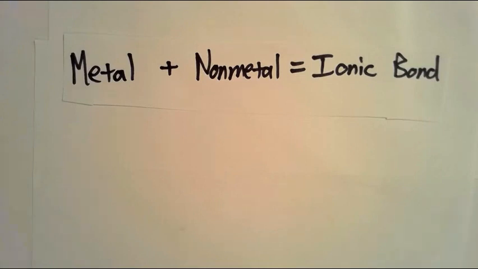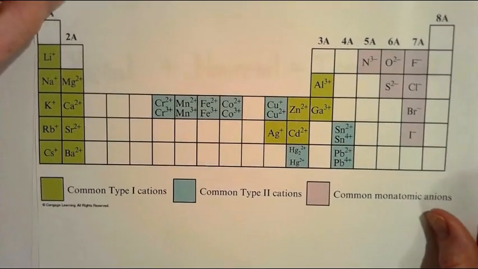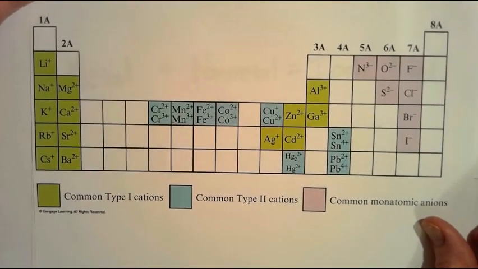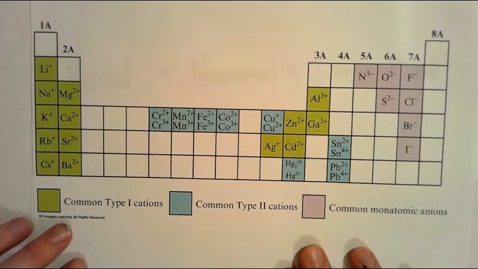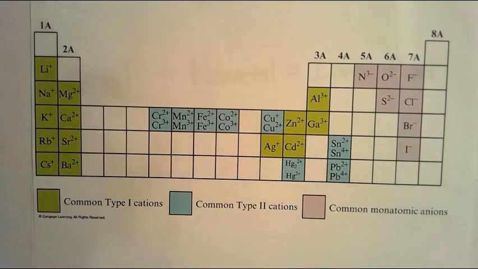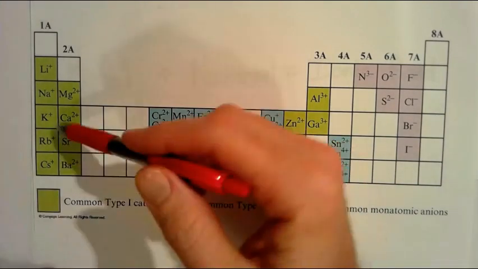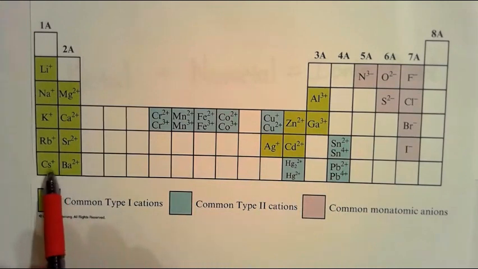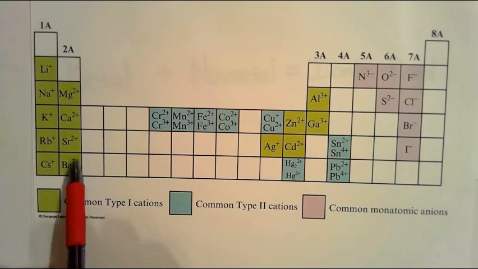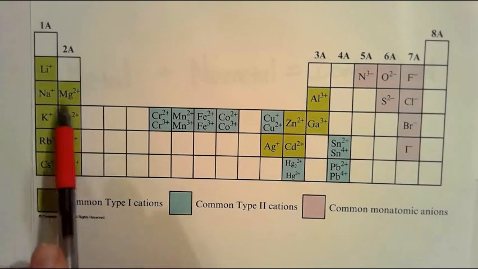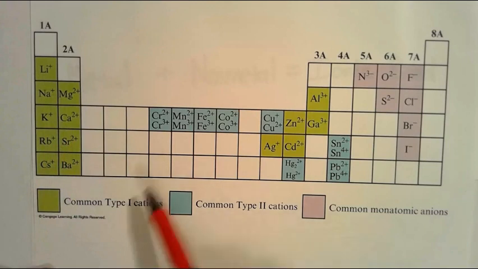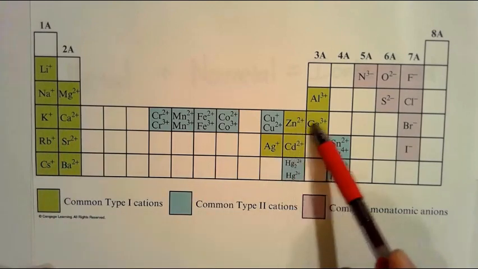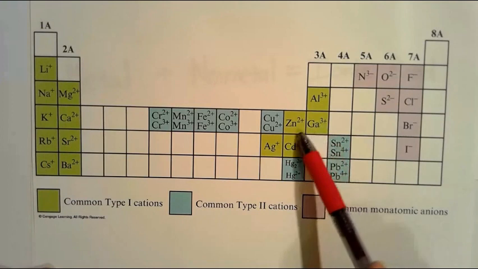So how do I remember the charge? All you have to remember is to go to the periodic table. This one is in my classroom and will be available for your reference, and it is super duper handy. What we see here are the common type 1 cations, the group 1 and group 2 elements. You'll notice these also only have one charge.